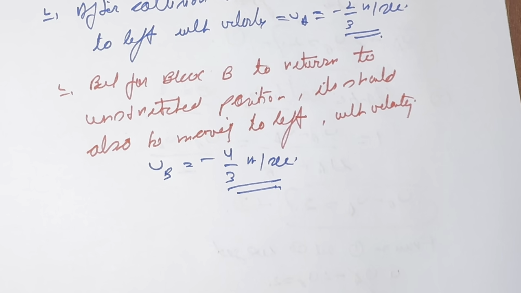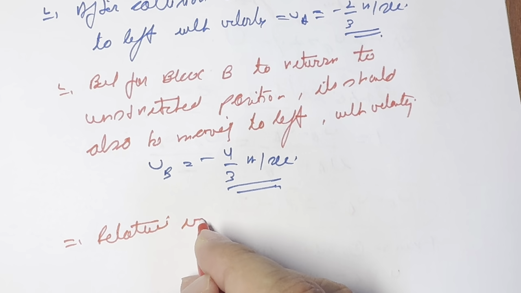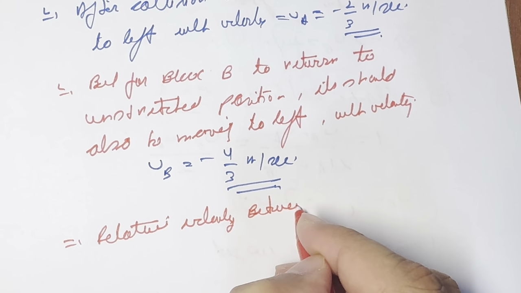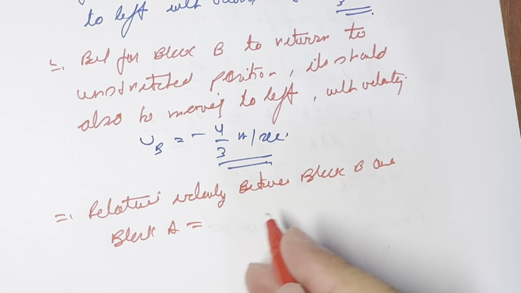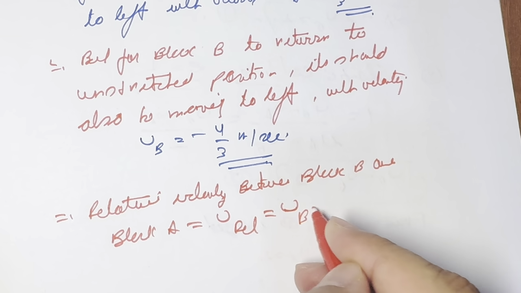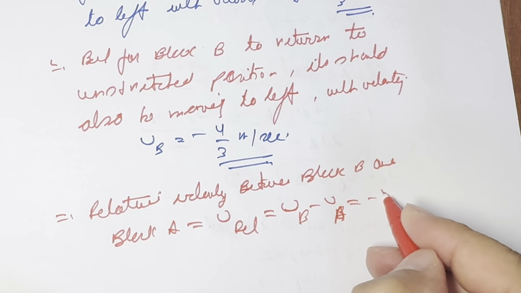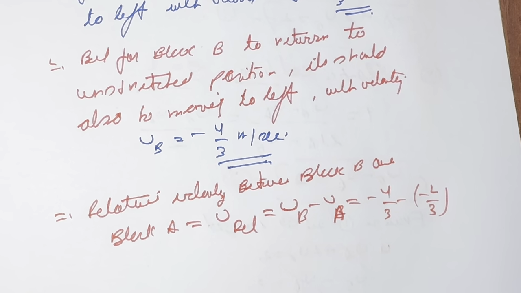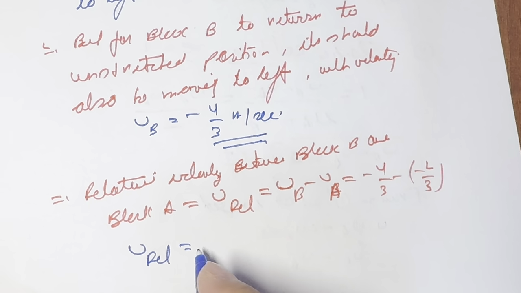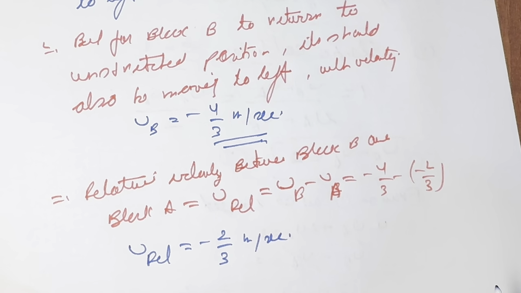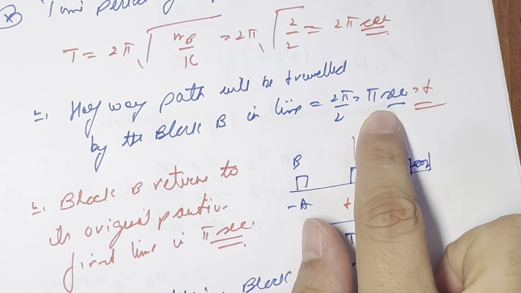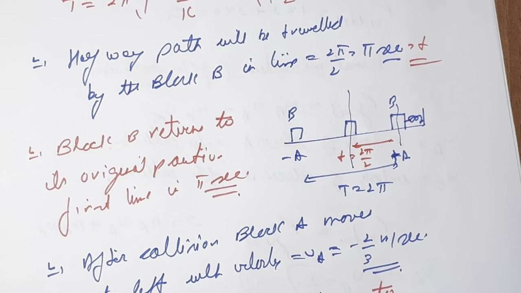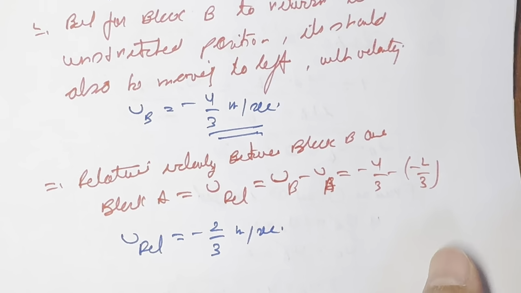So now we can find the relative velocity between block B and block A. Let us call this V relative, which is equal to VB minus VA, this is minus 4/3 and minus 2/3. So we get V relative is equal to minus 2/3 meter per second. Now we are going to find the distance, because we already found that the time is pi seconds. So we have to find the distance at t equal to pi seconds, and the relative velocity is minus 2/3.